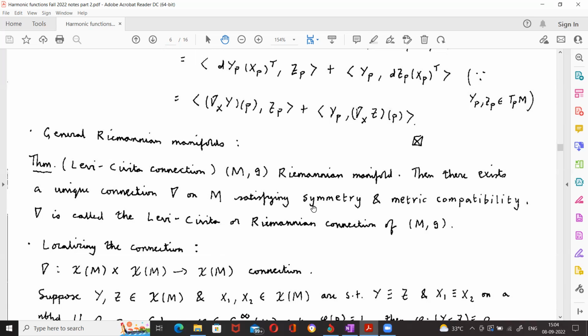You just take the usual derivative of your vector fields as maps into the ambient space, R capital N, and then take the tangential component, right? That has to give you the Levi-Civita connection, because, as we've just shown, it gives you a connection which satisfies symmetry and metric compatibility, right? So therefore, by uniqueness, it must be the Levi-Civita connection. Is it clear? Yes, sir. Okay.